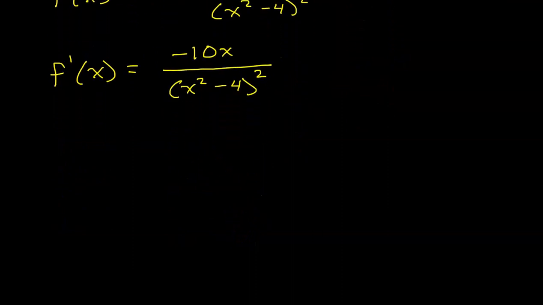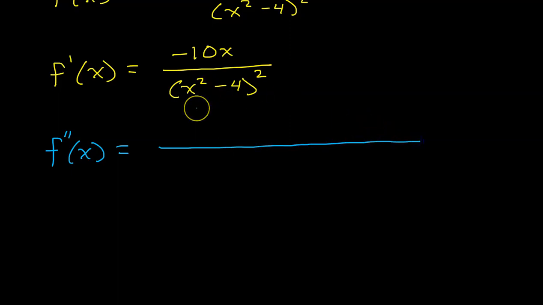So the second derivative will be the derivative of the derivative. So let's go ahead and work on that now. So we will find the second derivative. And again, we will use the quotient rule. So it's going to be the same type of deal. I think it might be slightly more tedious this time.